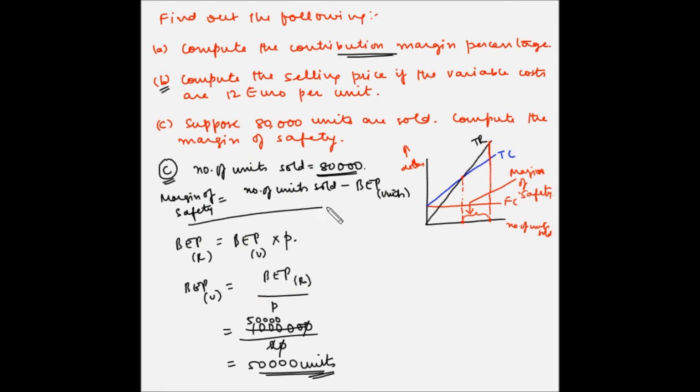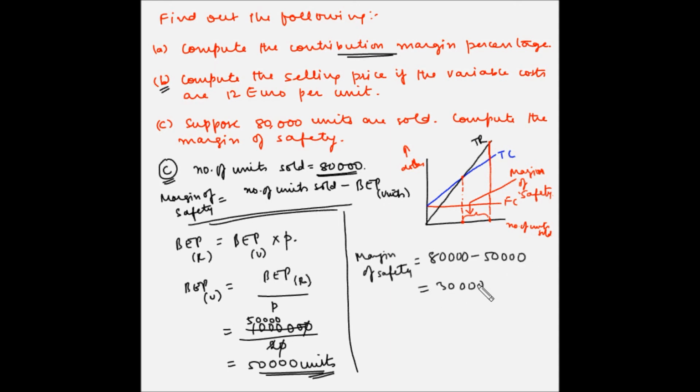So as per this formula here, the margin of safety in our case is number of units sold, which is 80,000, minus the break-even point units, which is 50,000. So this is nothing but 30,000 units. So ABC Corp has 30,000 units of sales before it starts hitting losses.